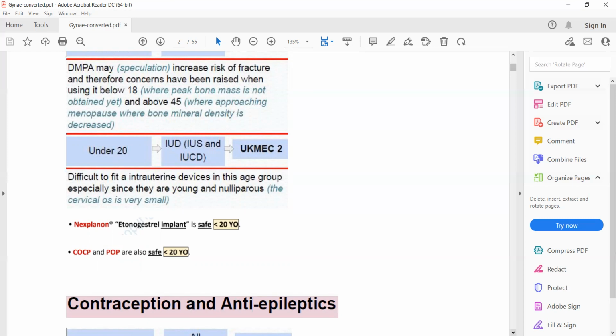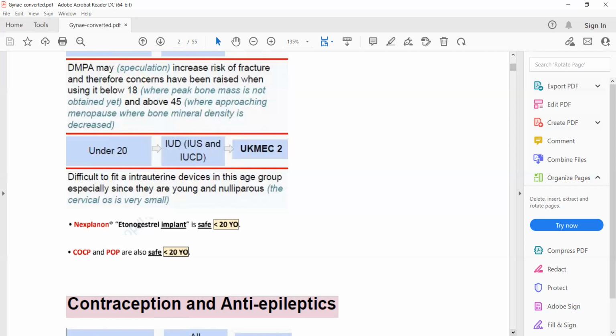So for short-term contraception: COCP, POP, and DMPA injection. For long-term contraception: IUD, such as IUS and IUCD, plus the progesterone or etonogestrel implant, such as Nexplanon. So 3 methods are for long-term contraception and 3 are for short-term contraception.